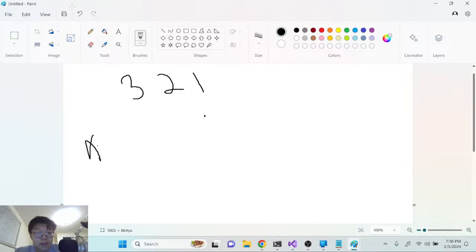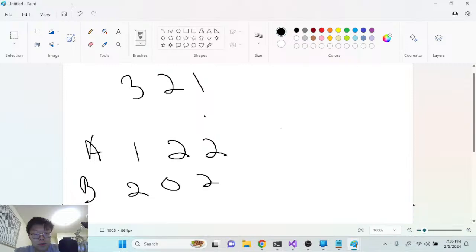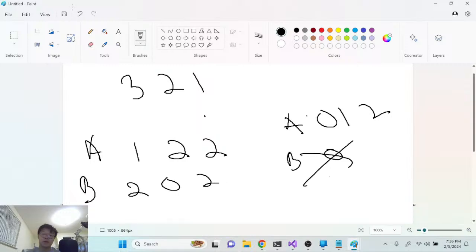So Alice minus 1, 2, swap with 1, 1, 2, 2. Bob minus 1, 0, swap with 2, 2, 0, 2. Alice minus 1, 1, swap with 0, 0, 1, 2. And then Bob, 0. Nope. Alice wins.